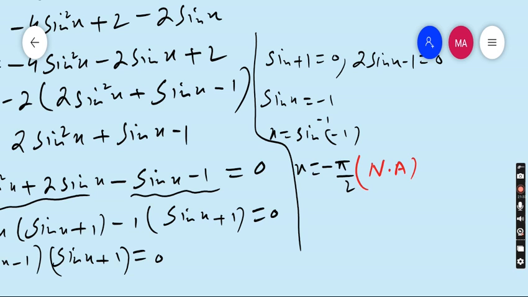The second equation is 2 sin x is equal to 1.